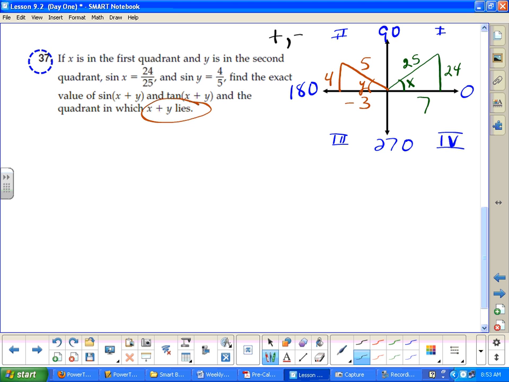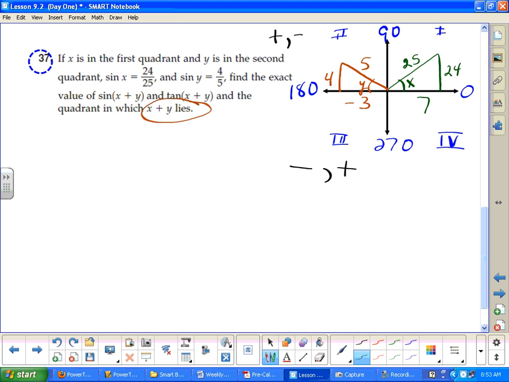Could I end up with an angle in the third quadrant? I could, right? I could have 150 and 60. That would give me 210, which is in the third quadrant. So in the third quadrant, sine is negative, tangent's positive. Right?